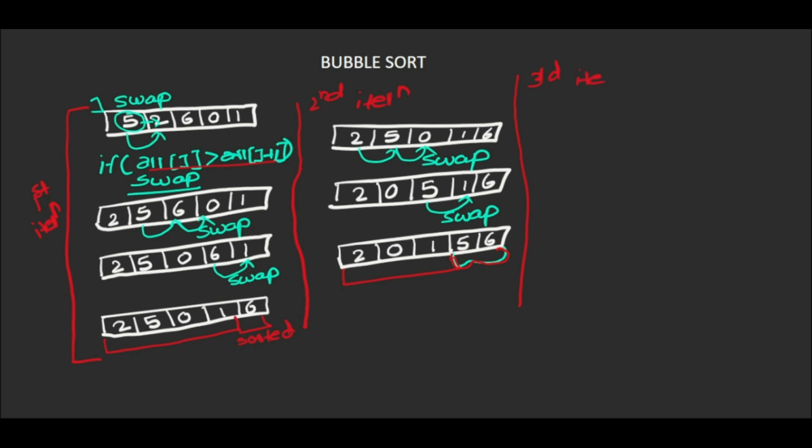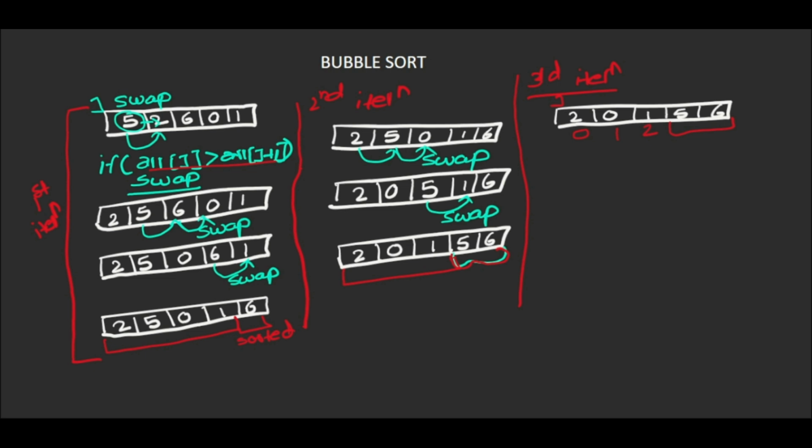In the third iteration, our array looks like this: 2, 0, 1, 5, 6, and the array is already sorted up to here. So we need to navigate j from 0 to the second element.